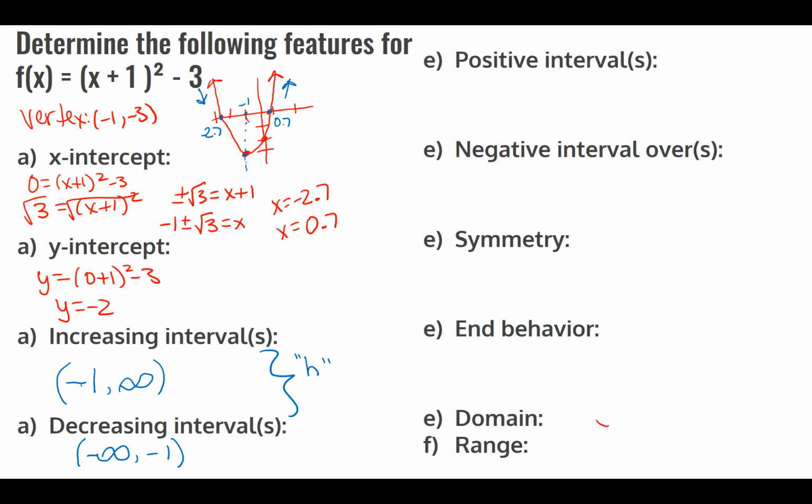Okay, our positive intervals. We're looking at where on my graph am I below the x-axis and where are we above the x-axis. Okay, so positive means above x-axis. Negative means below.